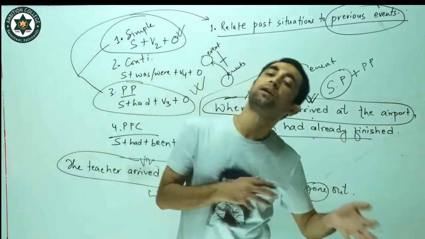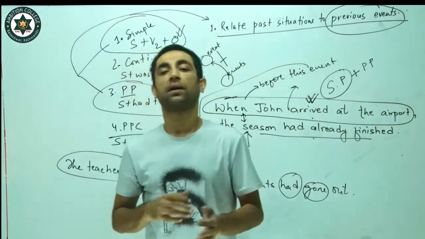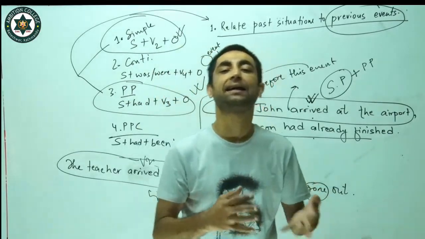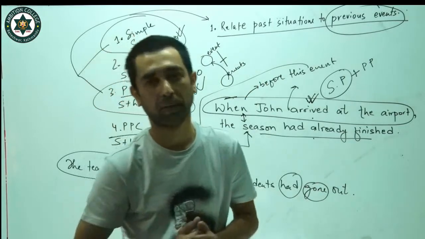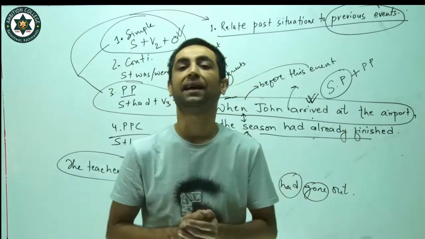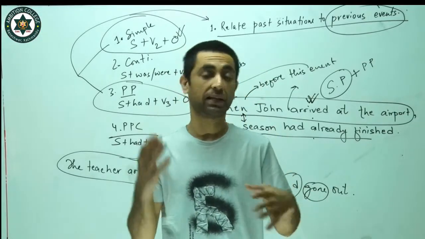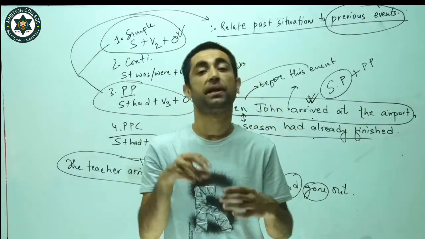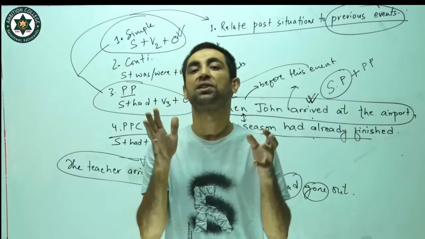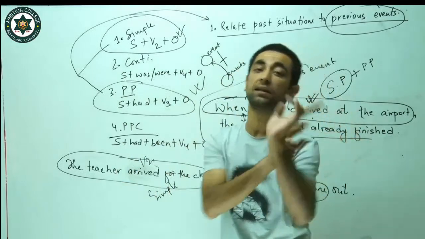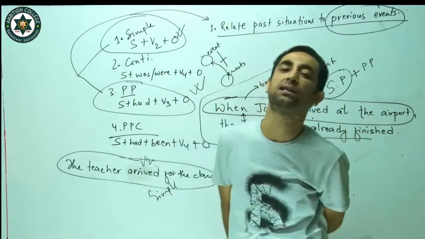I went to the restaurant. The restaurant had cleaned the table for me. I sat there and had my breakfast. Now what I am doing is, I went to the restaurant. This is the simple past. This is the event. But before this event happened, the restaurant workers had done something.